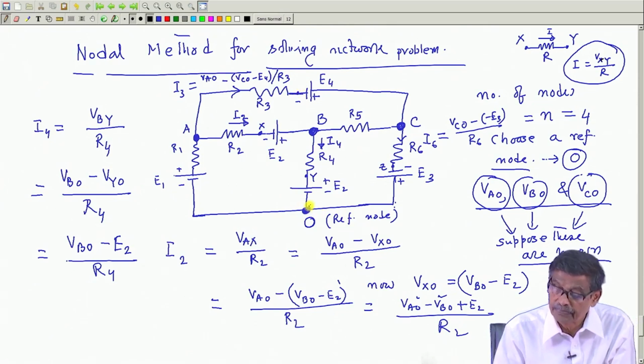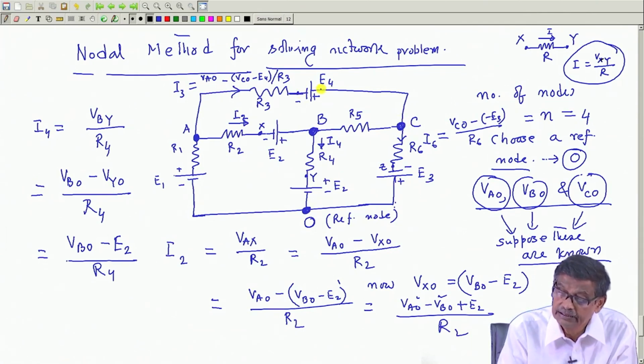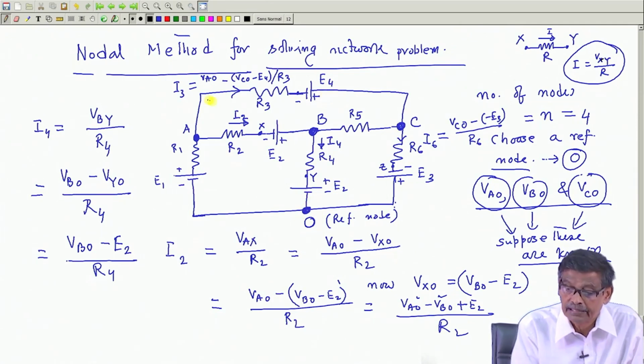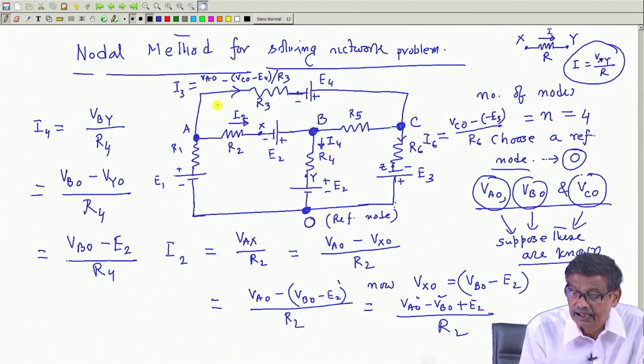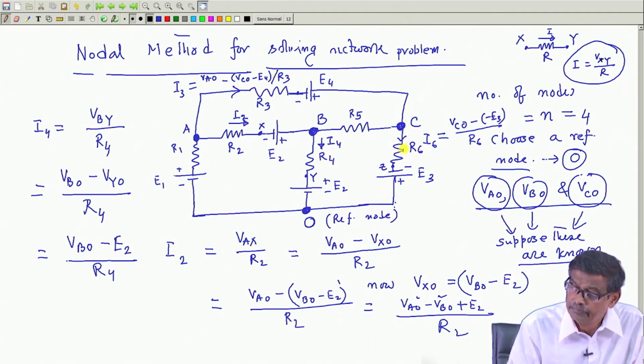With respect to the same point, I have to calculate the potential of the other end. How can you reach this point? You can reach it through VCO, and then there is a voltage drop here. So the potential of this point with respect to the same point O will be VCO minus E4. That is why the current I3 in this direction is VAO minus (VCO minus E4), divided by R3. Similarly, I have applied the same thing to the other branches.